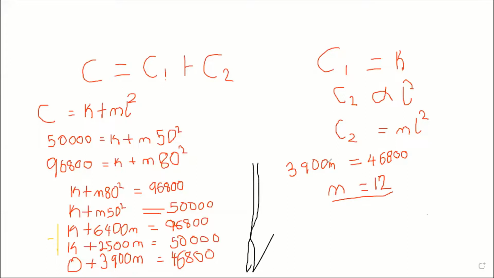Now, you use this, you substitute it in any equation here, and I've chosen K plus M 50 squared is equal to 50,000.